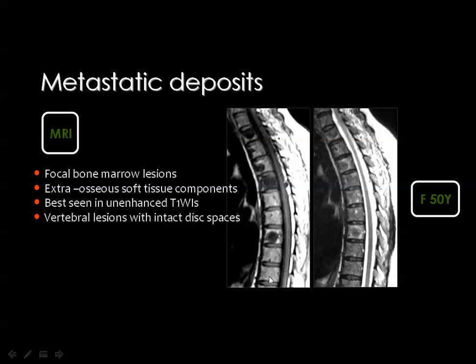In the sagittal T1 weighted image without contrast injection, you see metastasis as focal lesions of low signal intensity, multiple, distributed through the vertebral column.